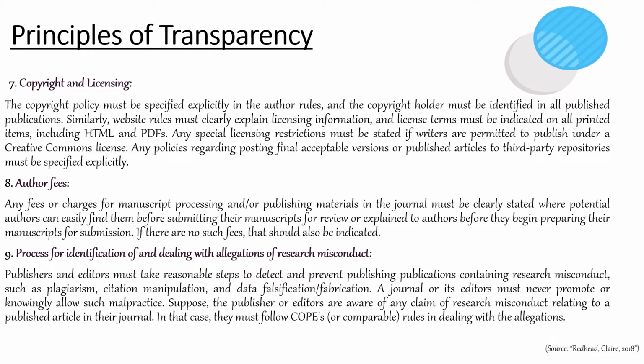Any special licensing restrictions must be stated if writers are permitted to publish under a common Creative Commons license. Any policies regarding posting the final accepted version, or the published article, to third-party repositories must also be specified.